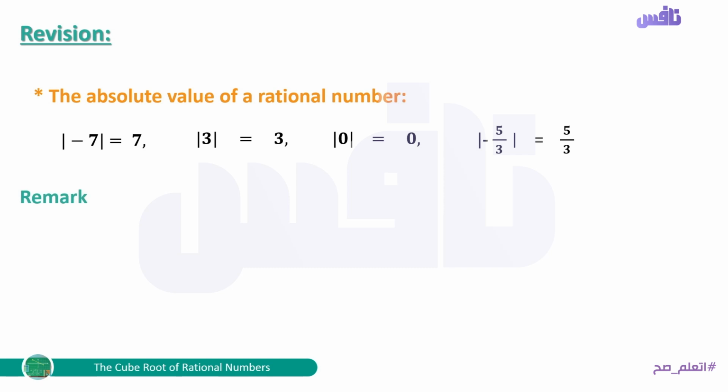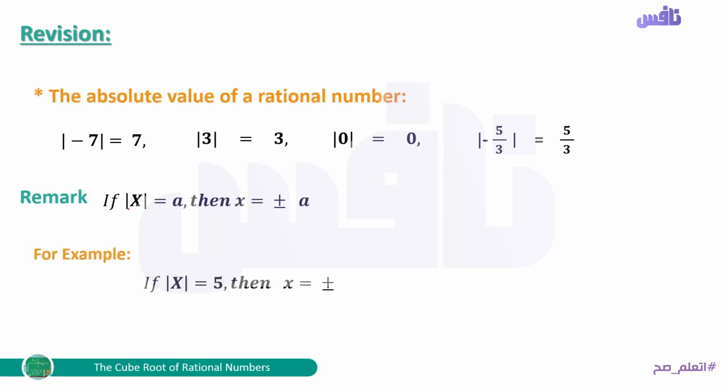because we said that the absolute will cancel the negative sign, okay? We have a remark related to the absolute value of a rational number. If absolute x equals a, then x, which is inside the absolute, equals positive a or negative a. For example, if absolute x equals 5, then x equals positive or -5, because if the value inside the absolute is 5, its absolute will be 5.